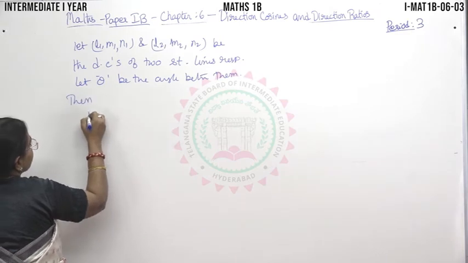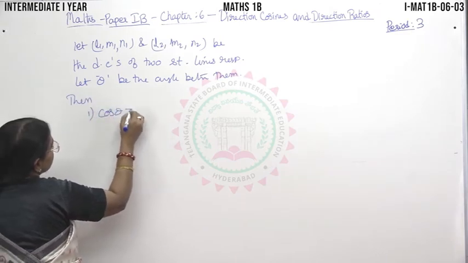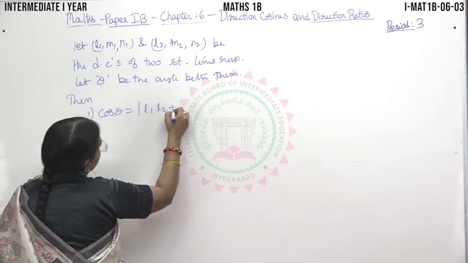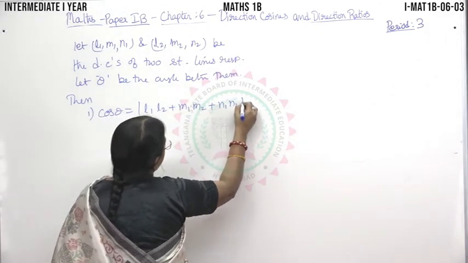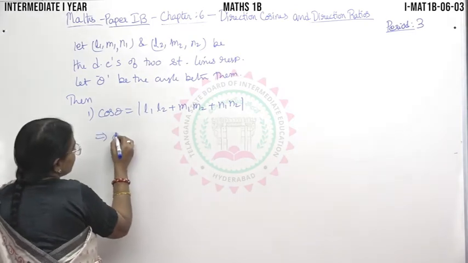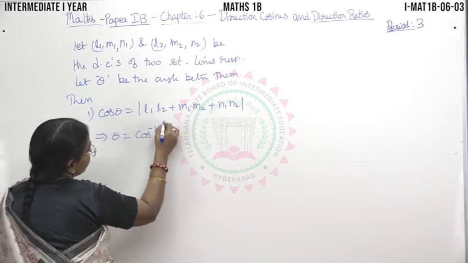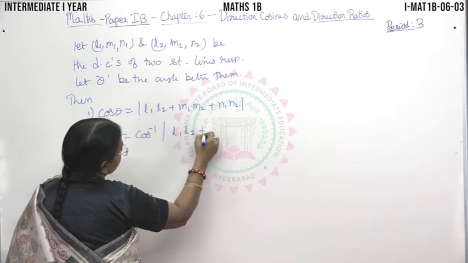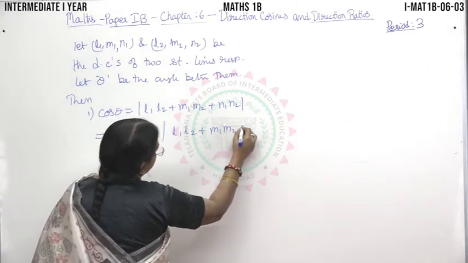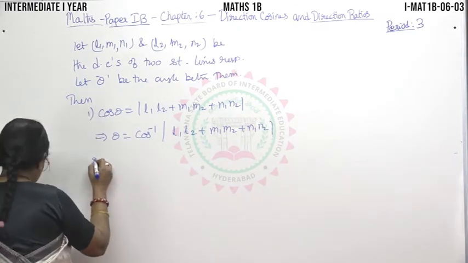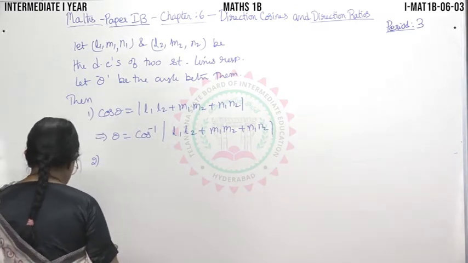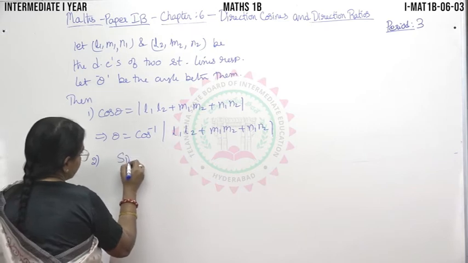Then you have the formula cos theta is equal to mod of L1 L2 plus M1 M2 plus N1 N2. So that means theta is equal to cos inverse of mod of L1 L2 plus M1 M2 plus N1 N2. Now next you have another formula for sin theta and also for tan theta.